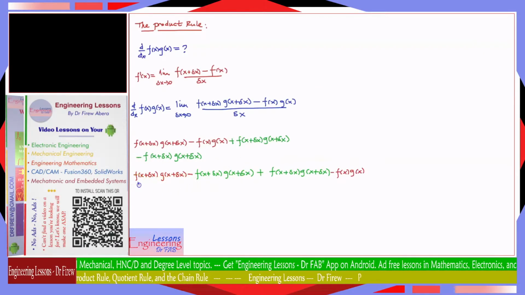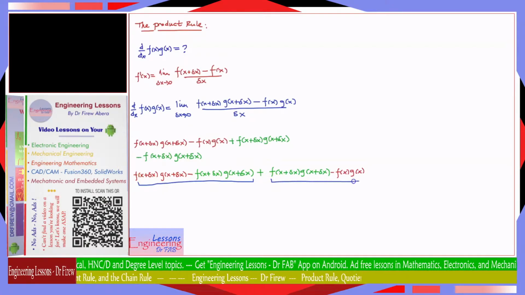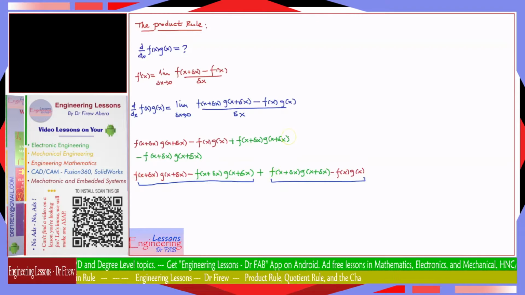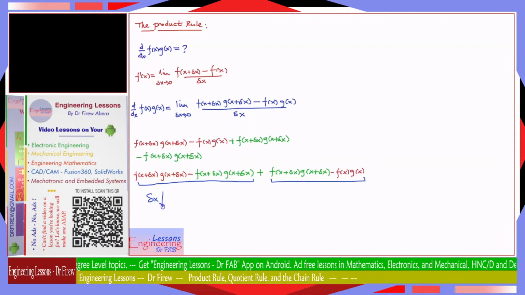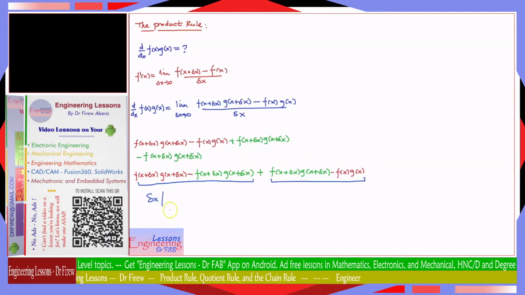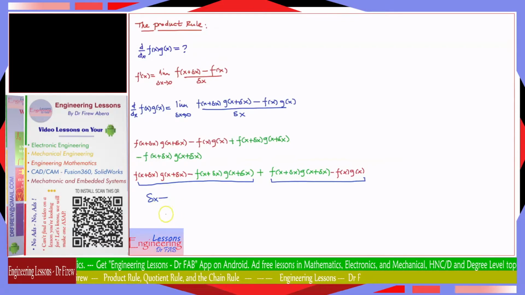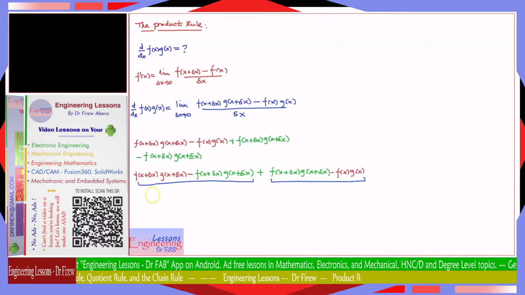Now I'd like to group this into two groups. First is this group here. The second is the other group there. Now we need to be reminded that sigma x is an infinitesimally small number, which actually approaches 0. So in that case, we can make the following assumption.